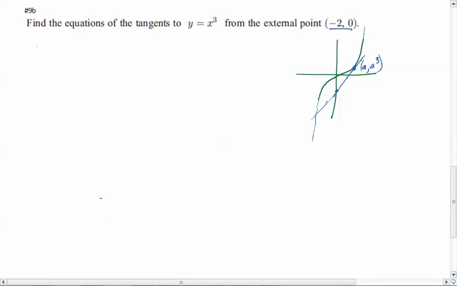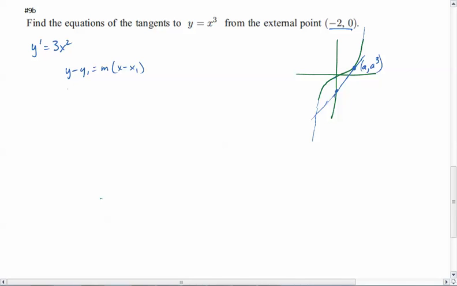All right, the second thing we're going to need is the slope. So y prime equals 3x squared. So now we say our equation is y minus y1 equals m times x minus x1.